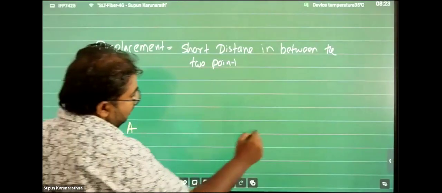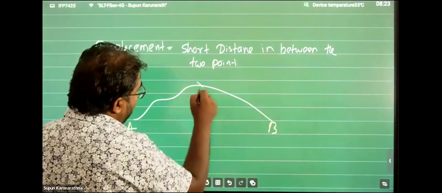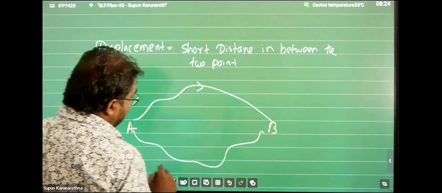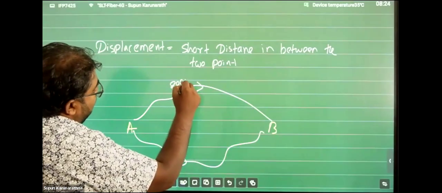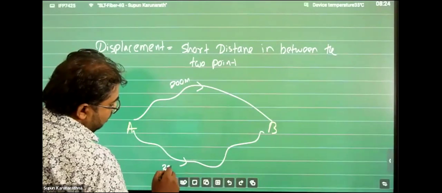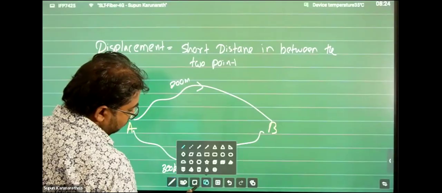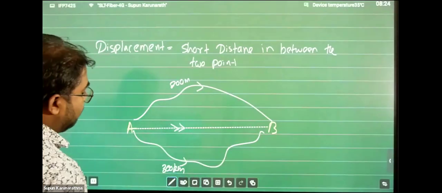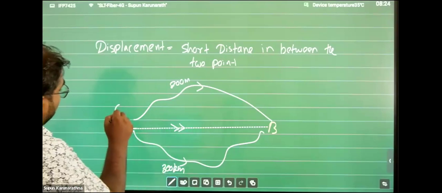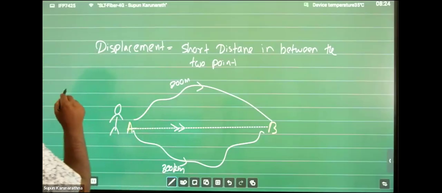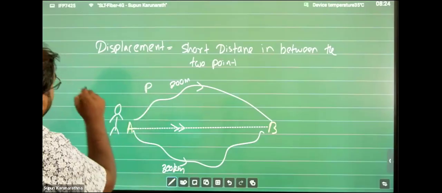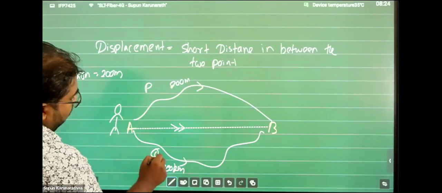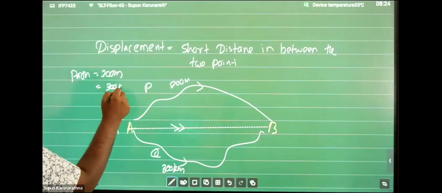Imagine that there are two places A and B. The student wants to go from A to B, having two different paths. Consider that the distance is 200 meters by one path and 300 meters by the other. If the student selects the path P, the distance will be 200 meters, and if he selects the path Q, the distance will be 300 meters.